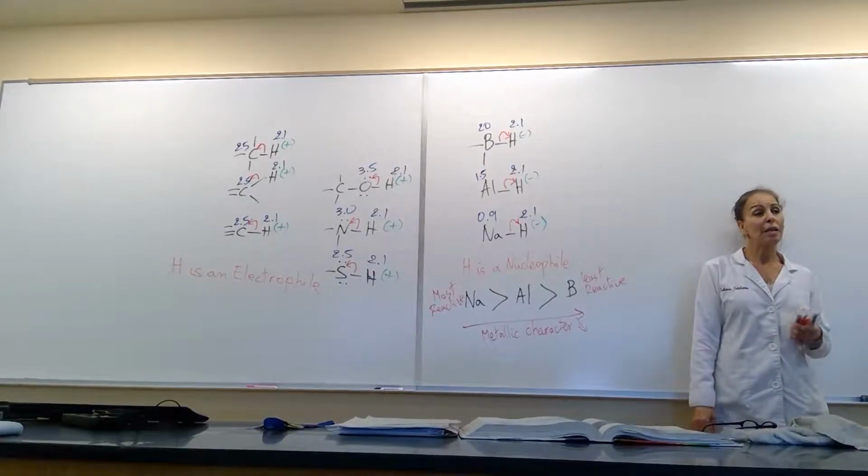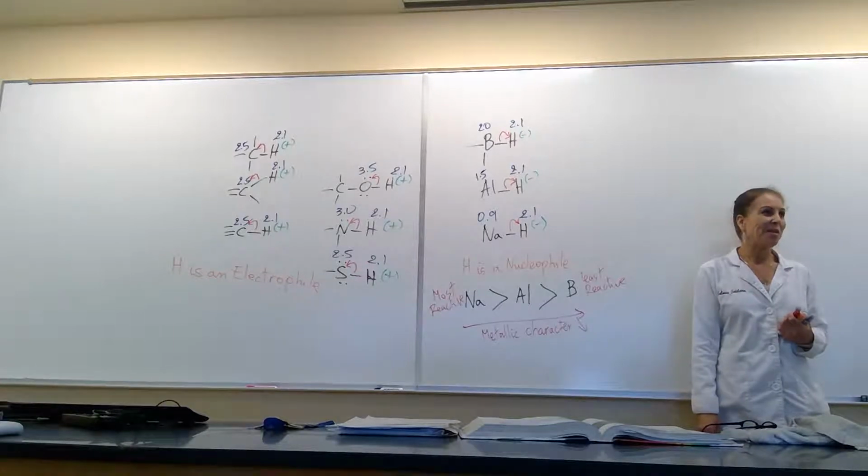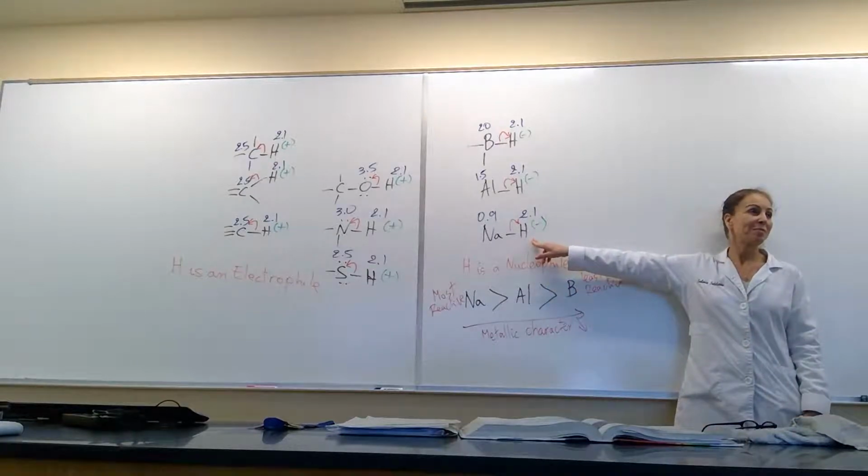Which one would be the least soluble in water? Boron hydride. So since organic compounds are not soluble in water, what's going to happen then? If they're not soluble in water, we can't use this. Do you understand? Because this is only soluble in water.